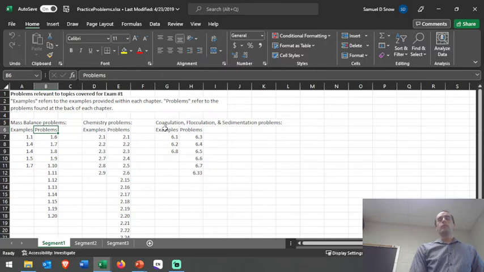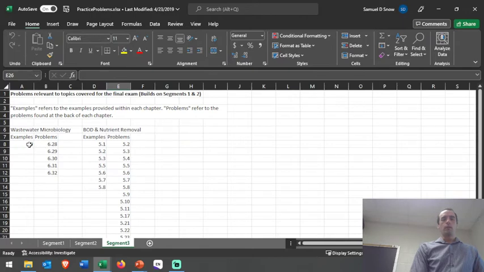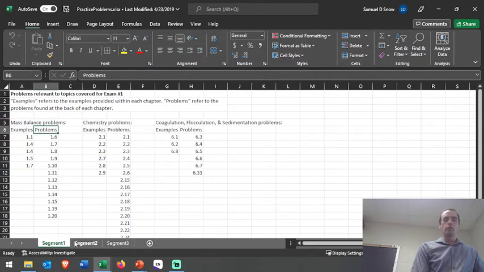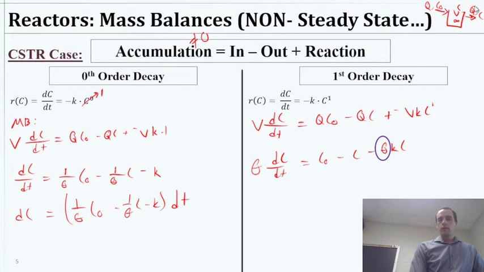So maybe there's not a problem 6.9, but there is an example 6.9, for example. So just wanted to let you know, and this is the sheet that's posted to Moodle for you. All right.